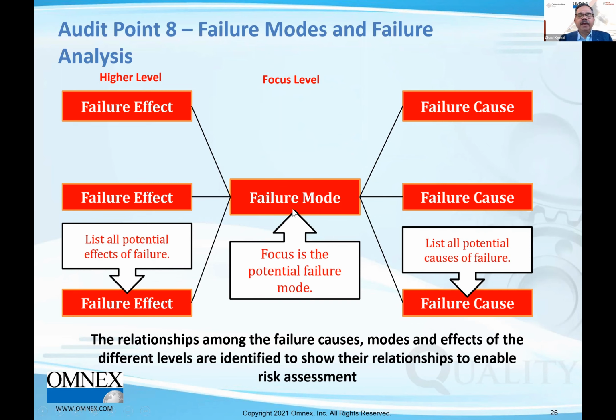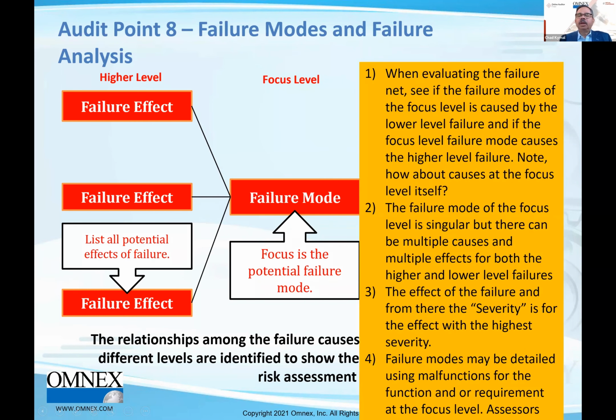And these failure causes produce effects, all right? So this causes this, which causes this, all right? There's a chain effect of failure flow down. You get it. When evaluating the failure net, this is again something we got from the VDA folks: see if the failure mode of the focus level is caused by the lower level failure, and if the focus level failure mode causes the higher level failure.